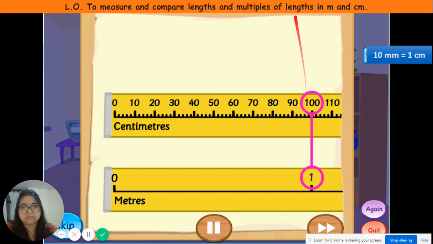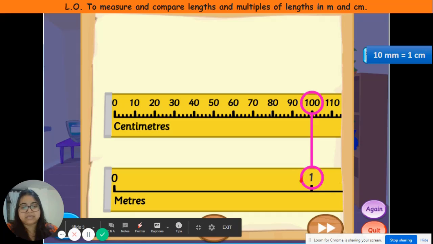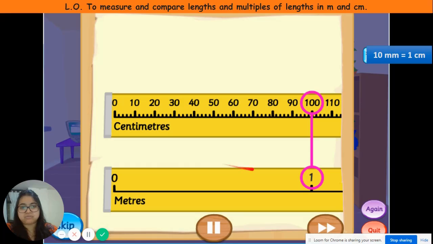So we counted in multiples of 10 and we saw that 100 centimeters is equal to 1 meter. This was there in your education city. I'm just going through it to revise what we have learned already. So remember, 100 centimeters is equal to 1 meter.